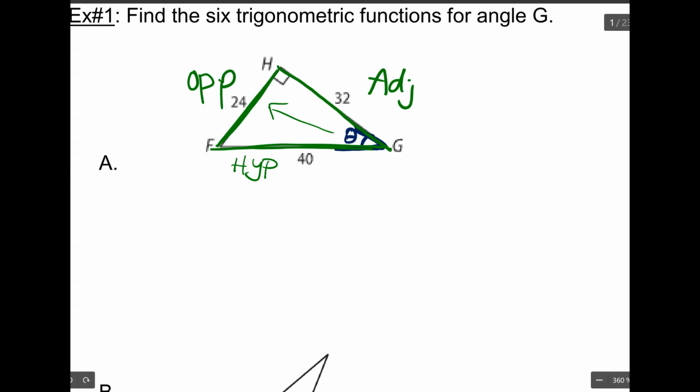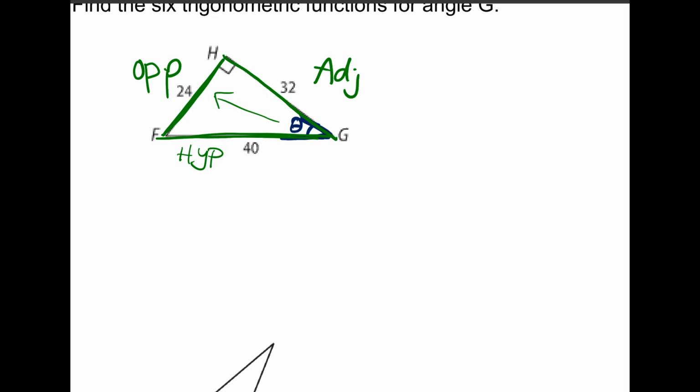Okay, so now that we have these labeled, let's go through and write our 6 trig functions. So first, I want to do sine. So that you don't forget, like, is sine with opposite, adjacent, we use SOHCAHTOA. Have you heard of SOHCAHTOA before? I have. Yeah.